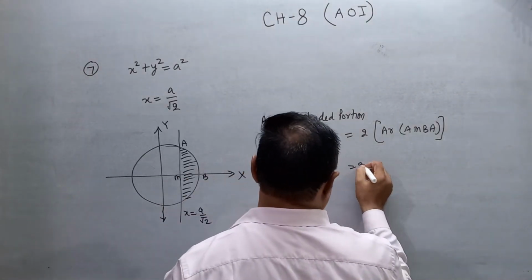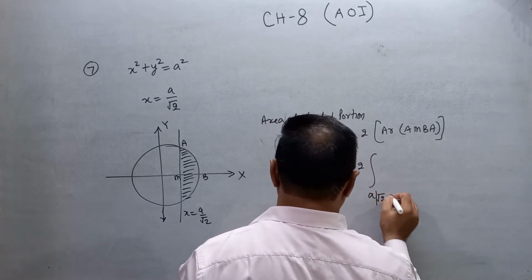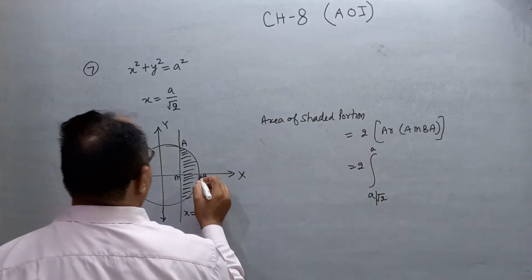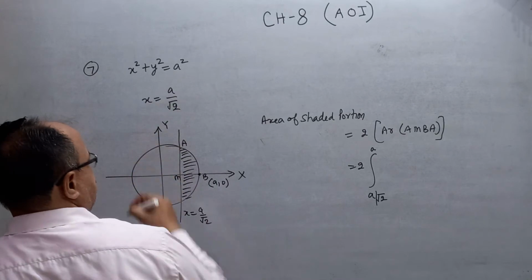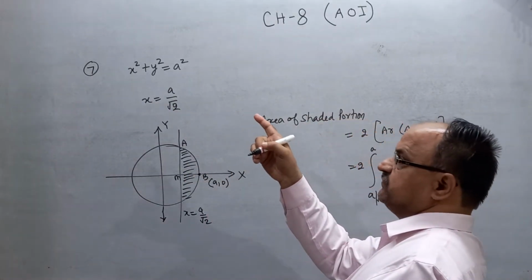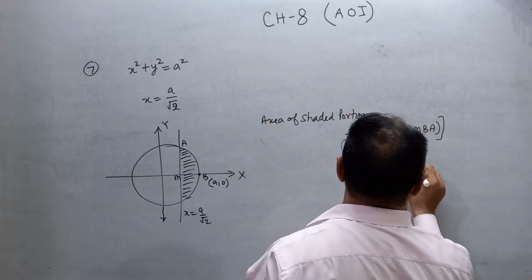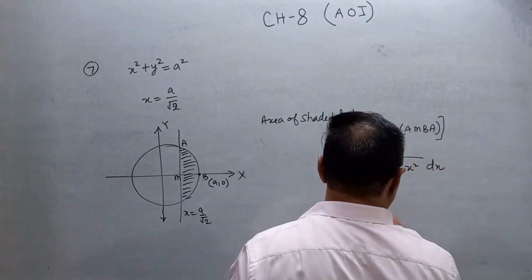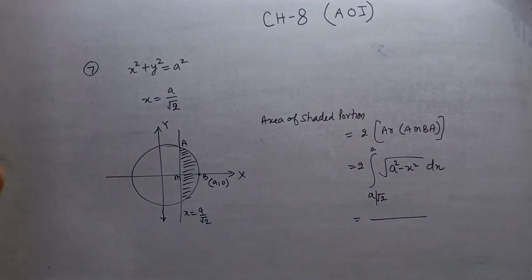Now the limit you know, a by root 2 to a. You know that the coordinate of point B, that is a comma 0, because radius is a. And from the equation of circle, what is the value of y? Root a square minus x square dx. Further you can solve. Just integrate, then put the value.